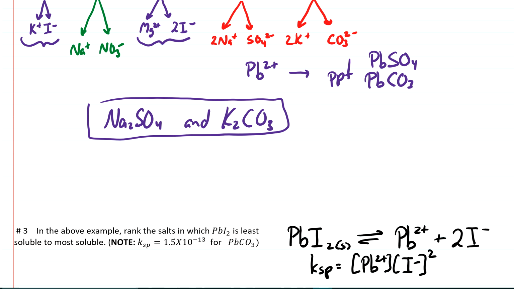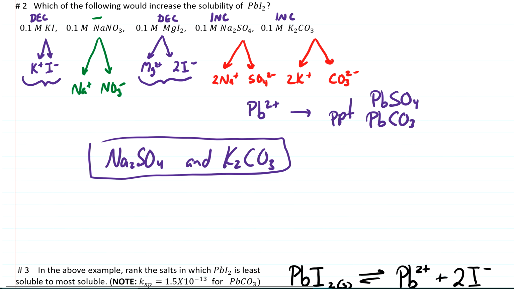So now if we look at the first example, KI, the concentration of the iodide would be equal to 0.1 molar. But the concentration of the iodide from the magnesium iodide would actually be 0.2 molar. And that's because for every 1 MgI2, you actually get 2 I's.